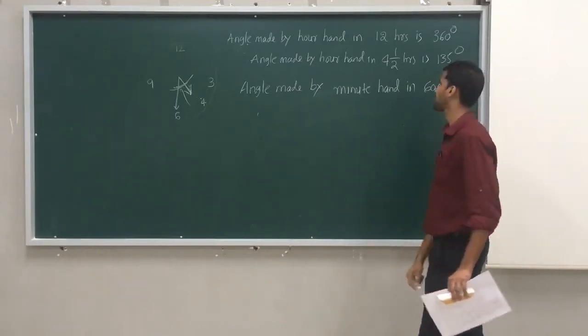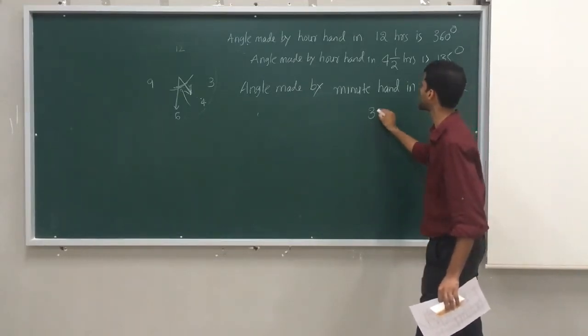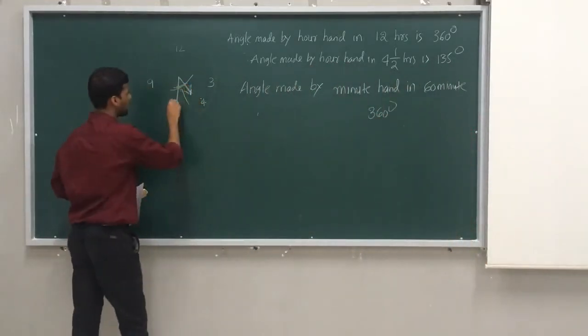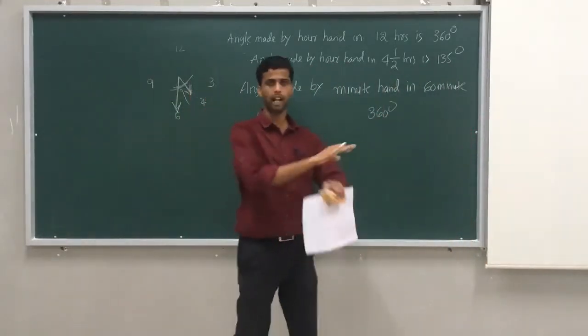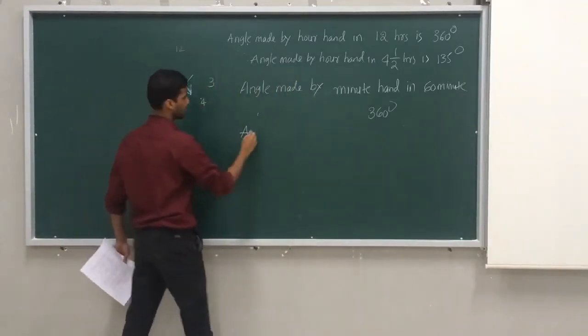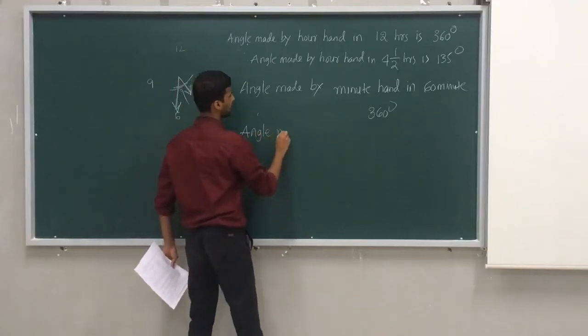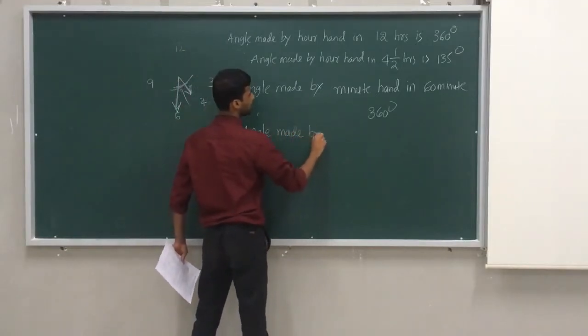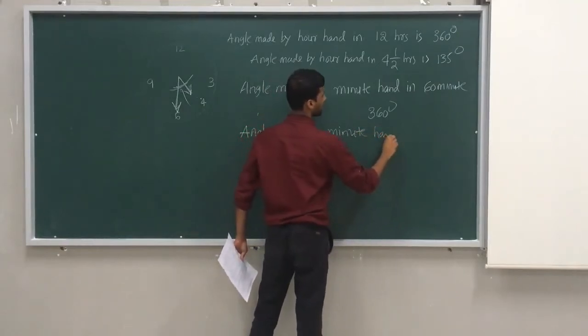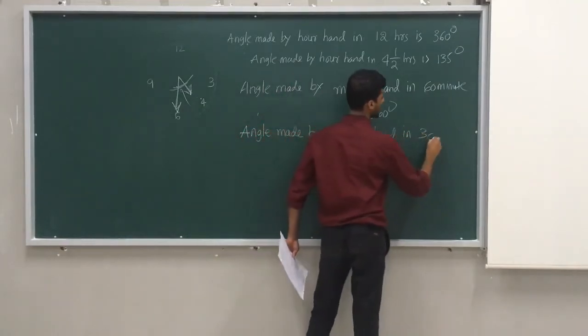What is the angle made by the minute hand in 60 minutes? That is 360 degree, one rotation. Obviously, the minute hand is now on 6, that means half of that. Half of that means 0 to 30. Therefore, I will write the angle made by the minute hand in 30 minutes.